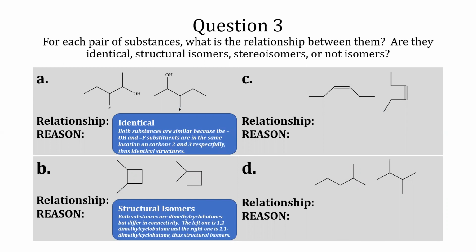The left one is 1,2-dimethylcyclobutane and the right one is 1,1-dimethylcyclobutane, thus structural isomers.